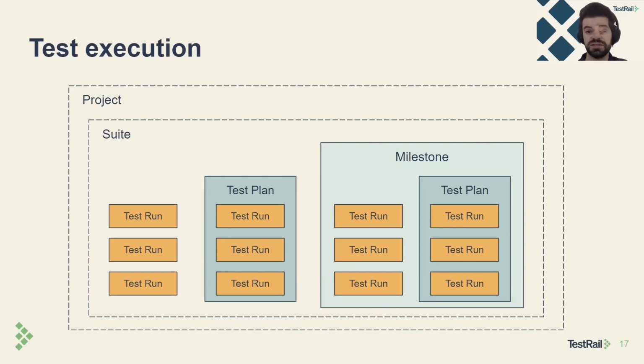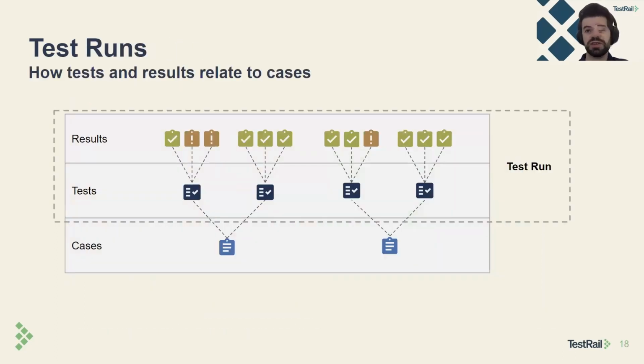How do cases relate to test runs and test results? The concept of case in TestRail is what you usually call a test case. It's where you write your script for your test. So you have this entity where you have your test steps, or you have, let's say, your exploratory session, or whatever format you're using.